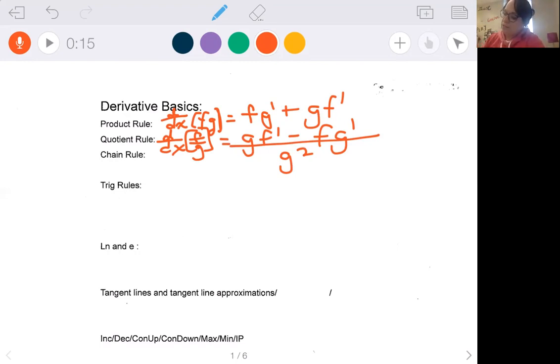The reason the derivative of tangent is secant squared is because tangent is really sine over cosine. It's a quotient. So it comes from doing the quotient rule on that guy.